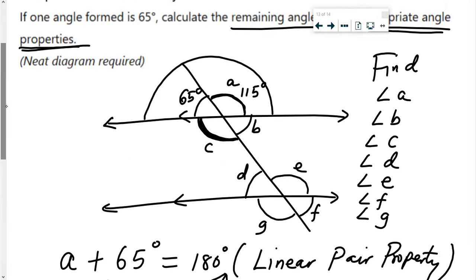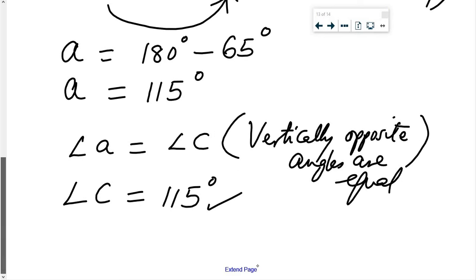Okay? So this is 115. How about angle B? This is 65, also this will be 65 because vertically opposite angles are equal. So B will be equal to 65.